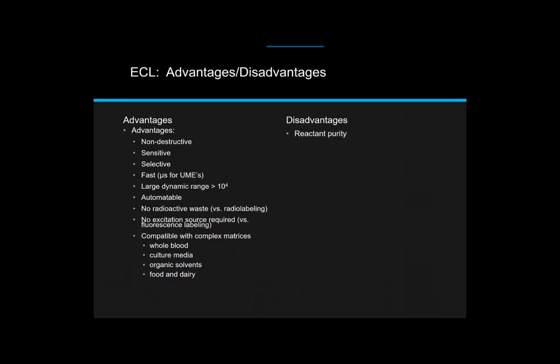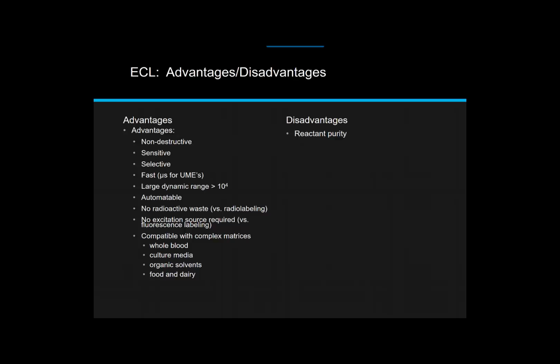So all of those characteristics also become strong advantages. And something else that's really cool is you don't need a lamp. So it makes your design of your instrumentation a lot simpler. It's also compatible with all kinds of complex biomatrices. So you start to think about blood or food and dairy, working with, say, milk or cottage cheese, or working with meat tissue. Very compatible.